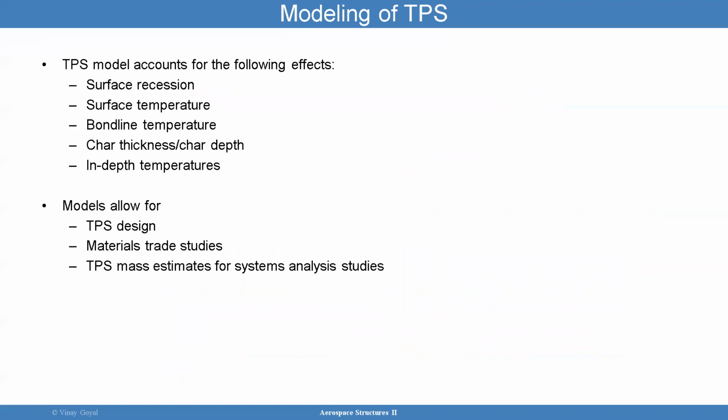Insulation material. The TPS model has to account for the effects of surface recession, surface temperature, bond line temperature, char thickness, and char depth, in-depth temperatures, and the models have to allow for TPS design, material stress studies, TPS mass estimates for system analysis studies.